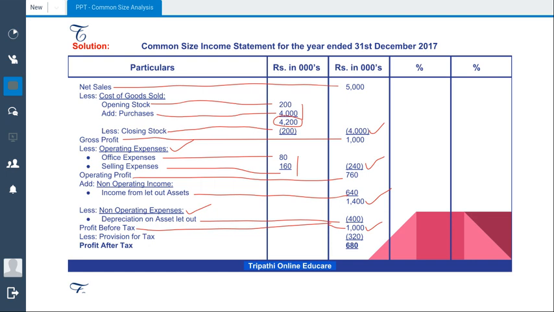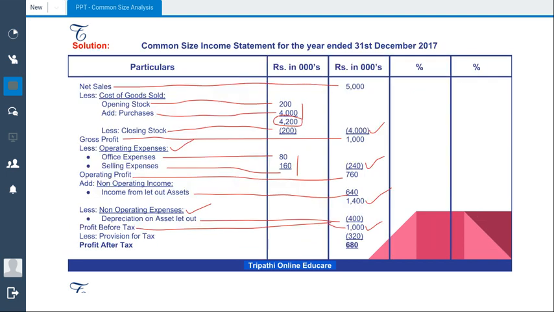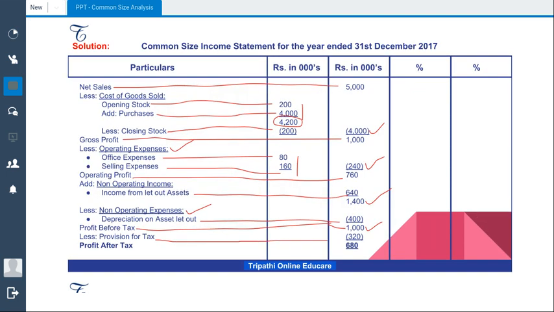Right? Now from this profit before tax, we will have to subtract provision for taxation. So if you see the problem, provision for tax 320 is given in the question. This provision for tax will be subtracted from profit before tax. So finally you will get profit after tax, which is 680.